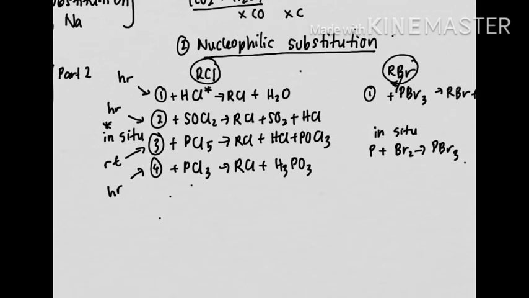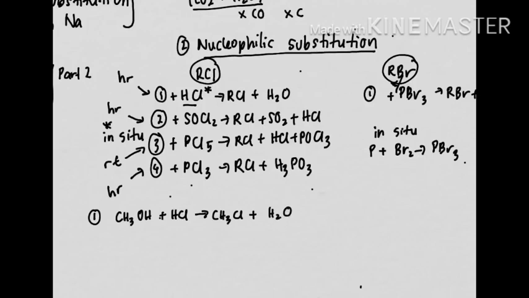The first reaction is going to be with HCl. If I write down the first equation, let's say we have CH3OH, and then we react it with HCl. What we are going to get is CH3Cl and H2O.